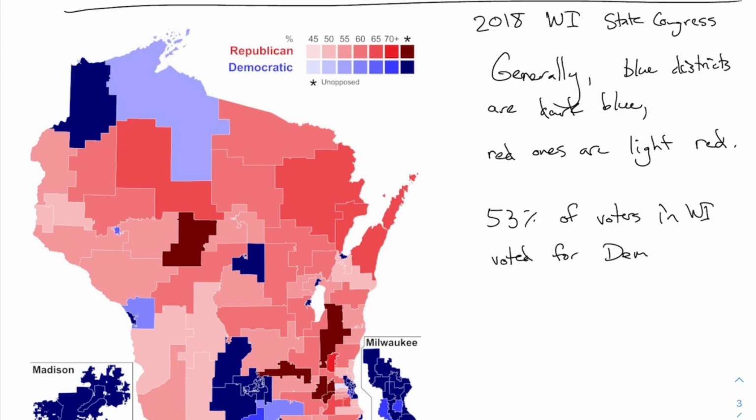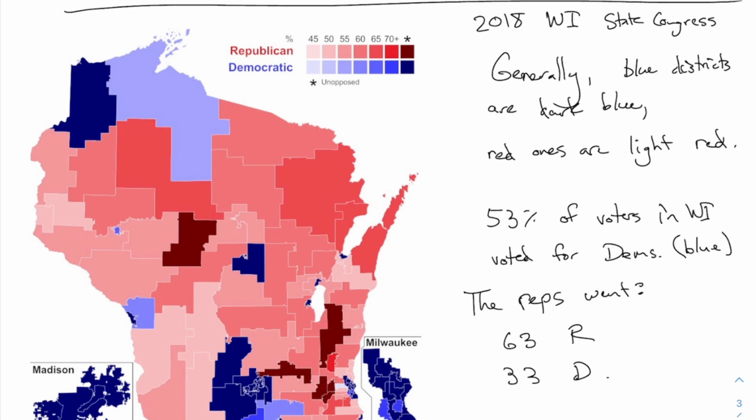That is the blue. 53% voted for the Democrats, 47% of individual people voted for the Republicans. But in the final analysis, when they counted up all the votes, the representatives were 63 Republican and 33 Democrat.